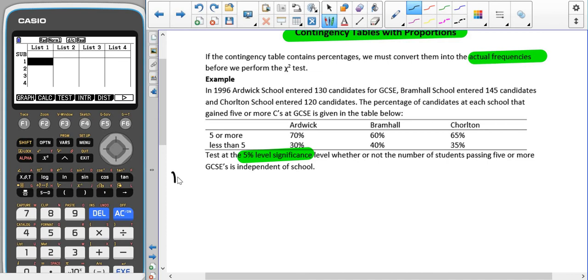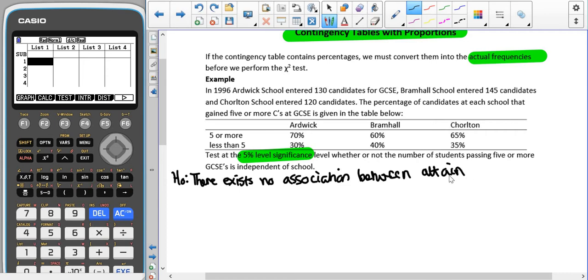So remember that our H0 is going to be there exists no association between attaining 5 or more grade C's and school, or saying that they are independent.